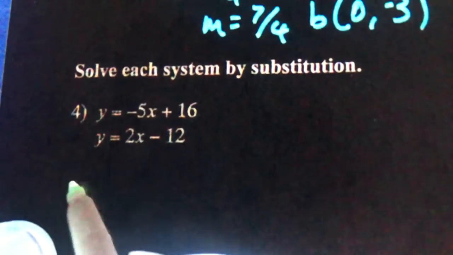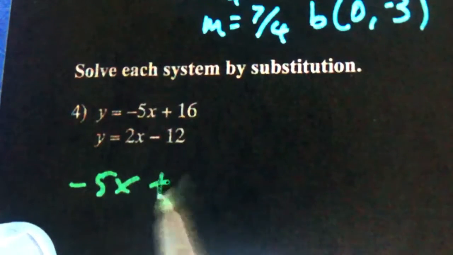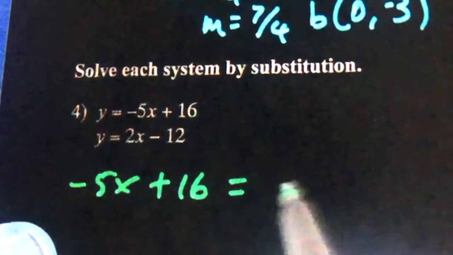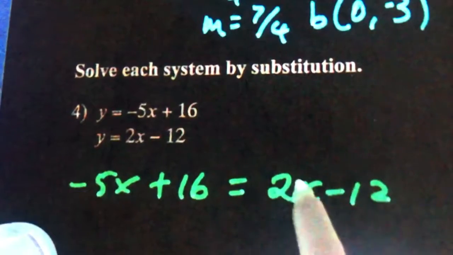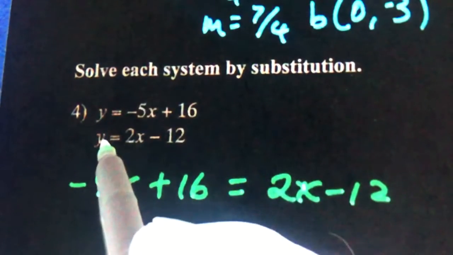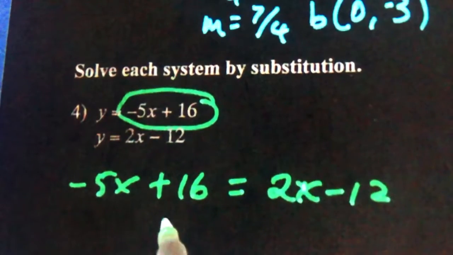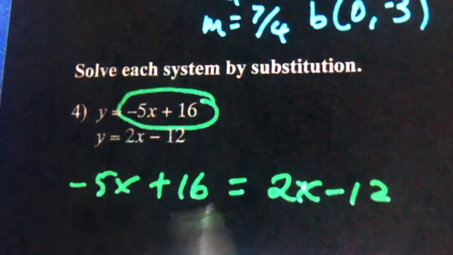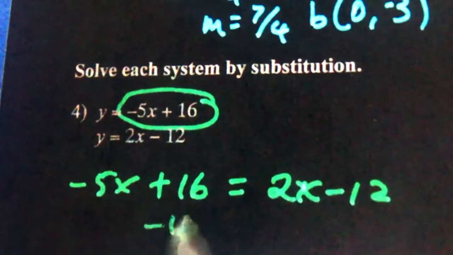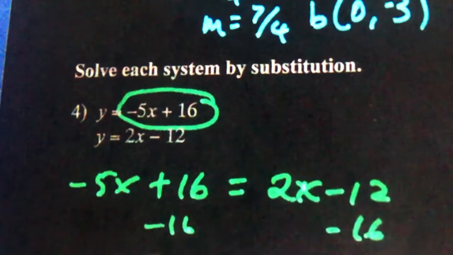So basically you get negative 5x plus 16 equals 2x minus 12. Again, we're simply saying, okay, instead of y here, we're putting negative 5x plus 16 in to replace it, or substitute it. And now we solve for x. We subtract 16 on both sides, and we get negative 5x equals negative 28, and we subtract 2x on both sides.